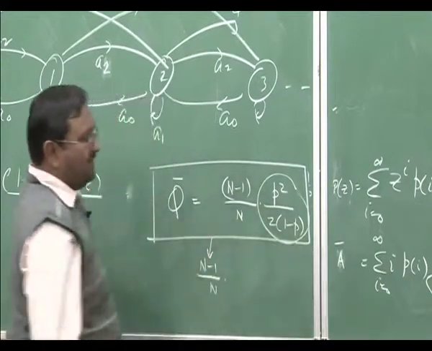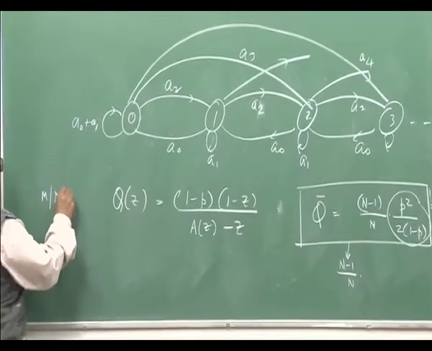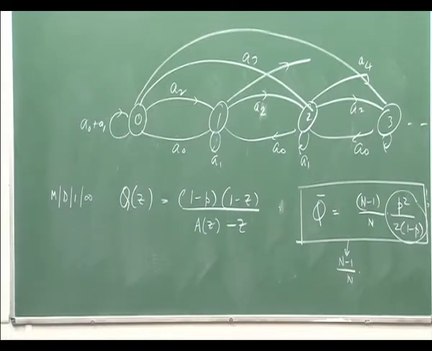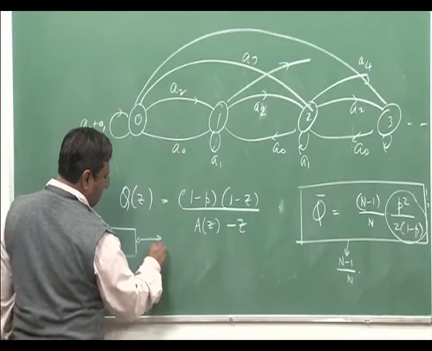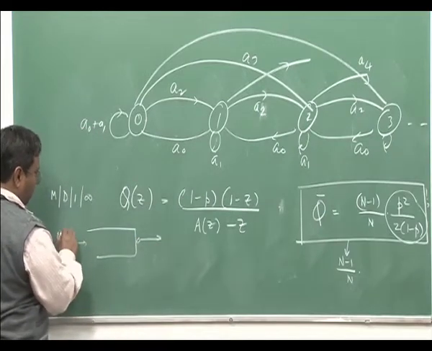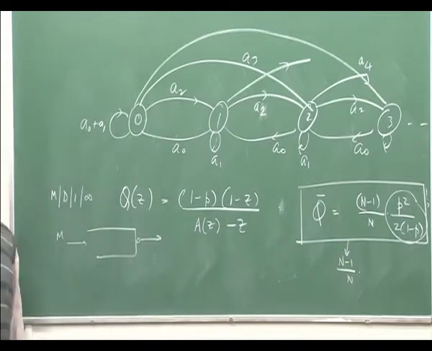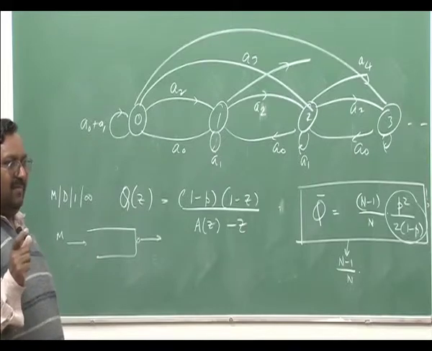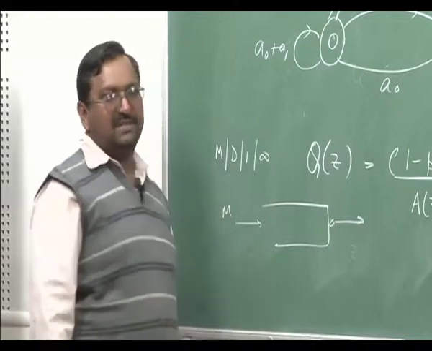That special kind is the M/D/1 queue, the M/D/1 infinity queue. This means arrival is Markovian, the departure is deterministic, there is only one server and the buffer length possible is infinite.